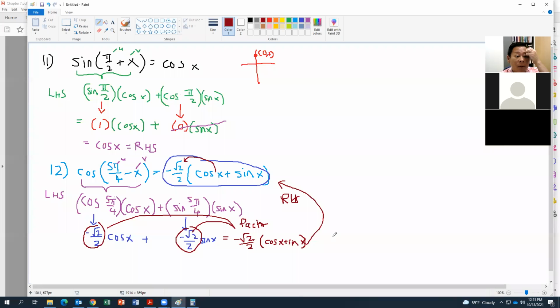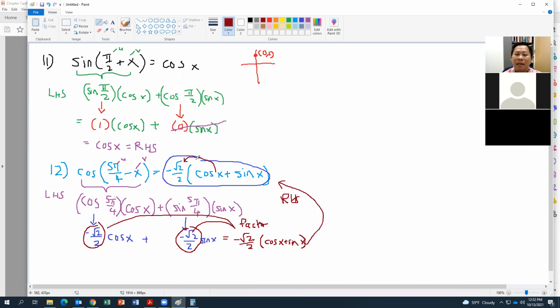So class, a lot of you did really good applying the cosine u minus v formula. And you guys know that cosine 5 pi over 4 and sine 5 pi over 4 are negative root 2 over 2. Mostly people did not do this last step.